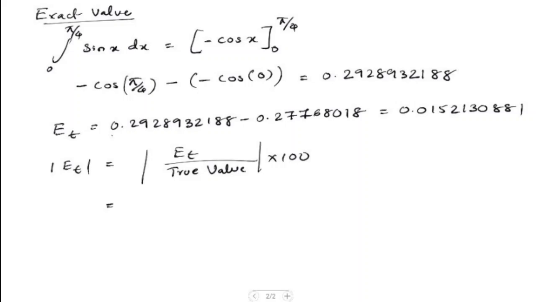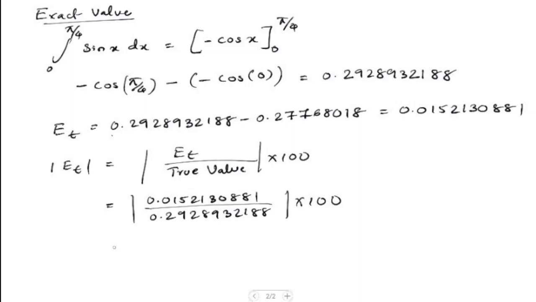So that is 0.0152130881 divided by 0.2928932188 times 100, and that is equal to 5.19% relative error.